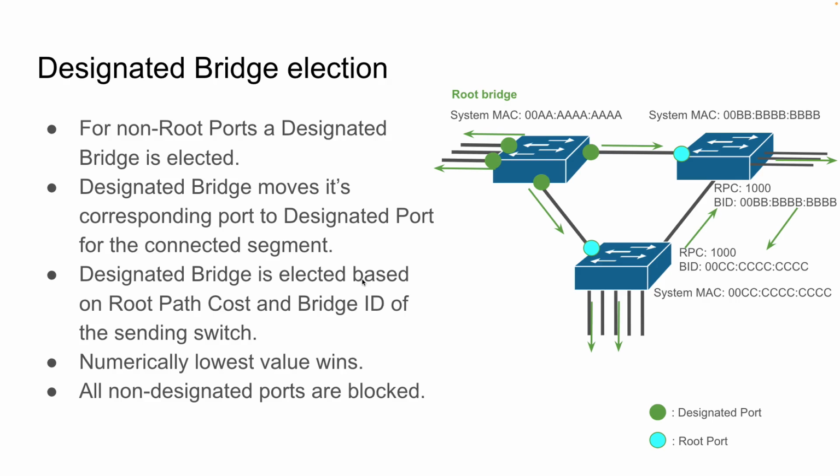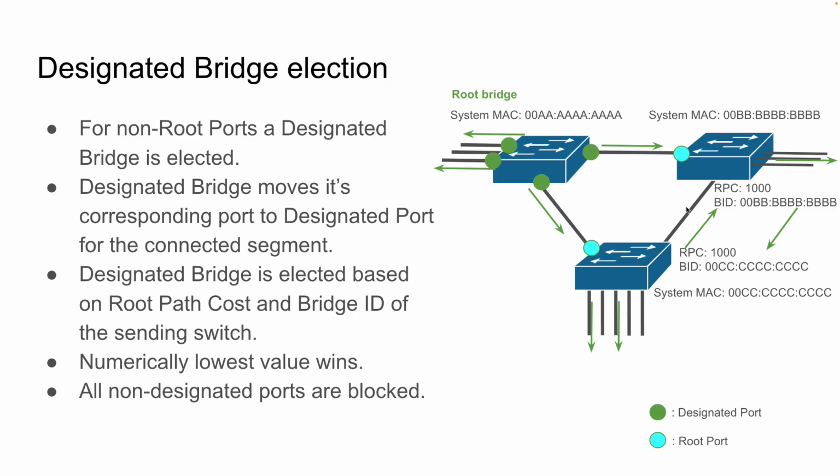For non-root ports, like these two between the bottom switch and the upper right, a designated bridge must be elected. The designated bridge moves its corresponding port to the designated port role for the connected segment. Here you can see that, for example, if these interfaces have the same speed, then the root path cost will be the same, the root path cost advertised by both switches into this segment.